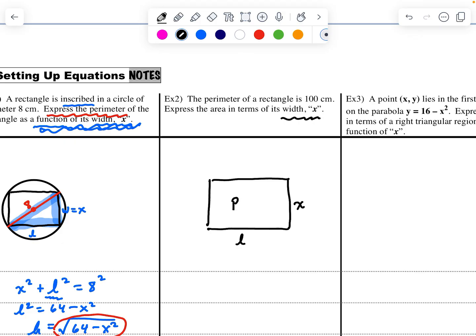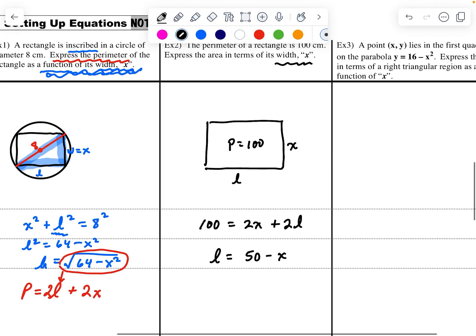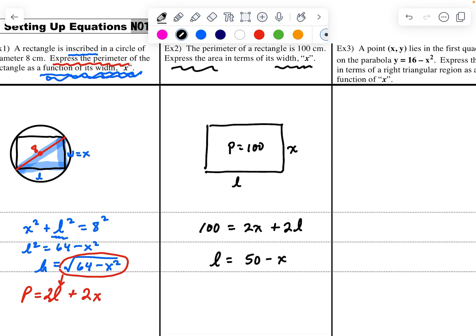And I know that P is equal to 100. Okay, so my original equation is going to be 100 is equal to 2x's plus 2l's. I'm going to solve for L because I want to get it in terms of x. So L is going to equal 50 minus x. Okay, my second equation, it says express the area in terms of x.